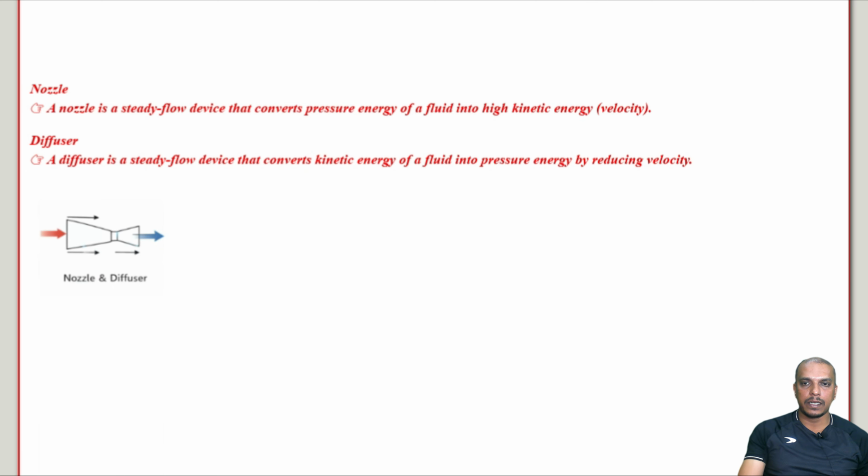Now, what is a nozzle and diffuser? This is the case where things get interesting. Let us start from the same equation. Q minus W is the change in enthalpy plus change in kinetic energy plus change in potential energy. A nozzle converts pressure energy into kinetic energy, whereas a diffuser converts kinetic energy into pressure energy.